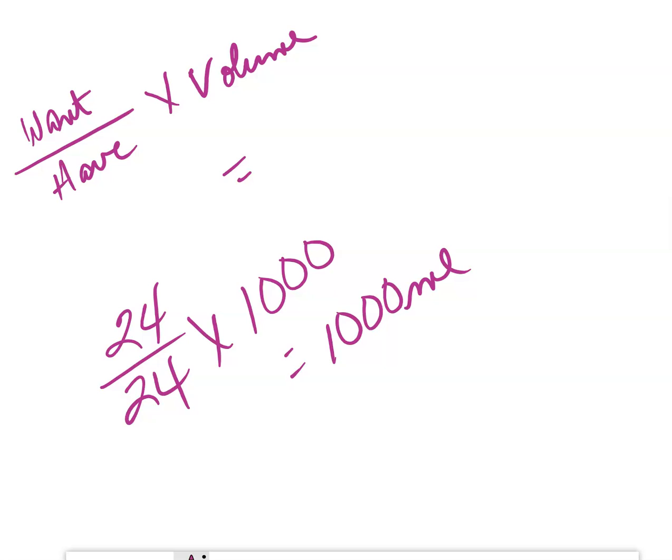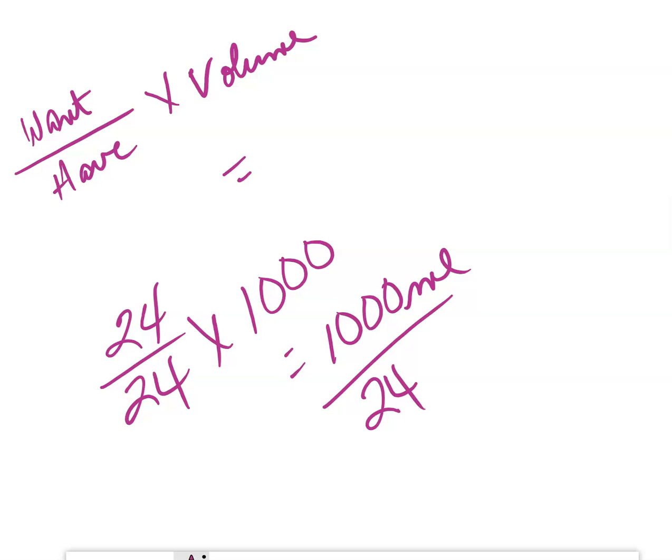What the next question asks you is what is the rate, which is 1,000. Now it's asking over a 24-hour period. So what we're going to do is divide 1,000 by 24, which comes to 41.666.